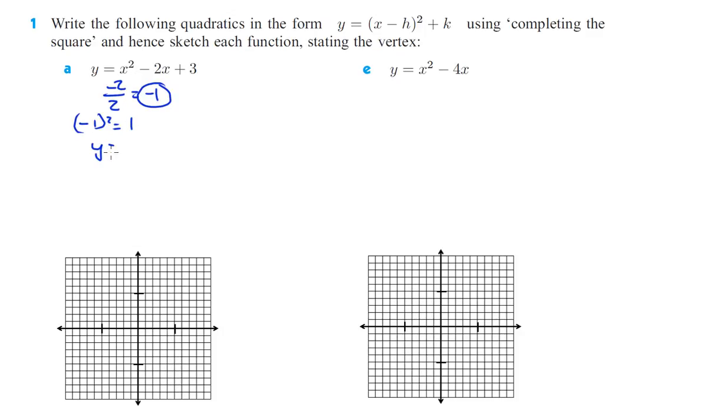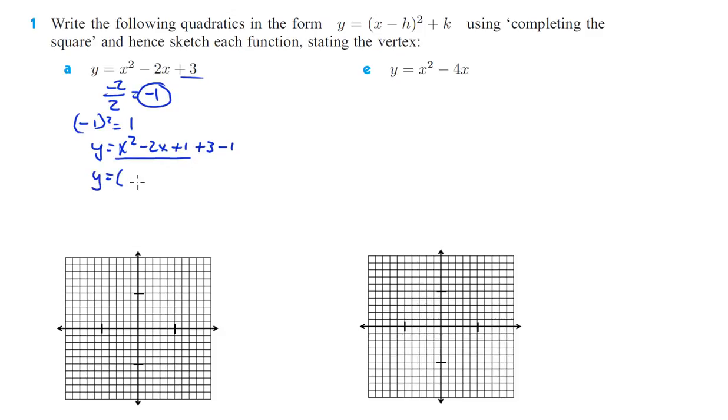So we're going to do this. Y equals, here's the different part, x squared minus 2x, and we're going to do plus 1 plus 3, right? And then since we added 1, we also have to subtract 1 to make it even. So we haven't changed anything if we add and subtract the same number from each side. This here now is a perfect square, and then this is going to be our constant that's left over.